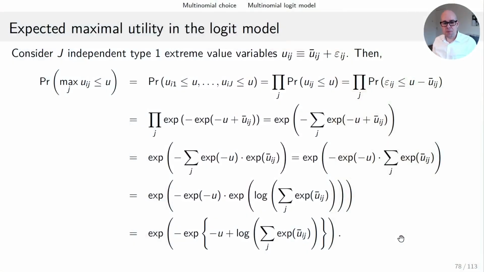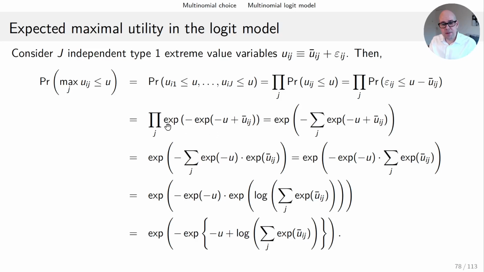Equipped with this, we now have plugged in the functional form for this CDF, and I'm still having that product operator here. So I'm taking the product over j.